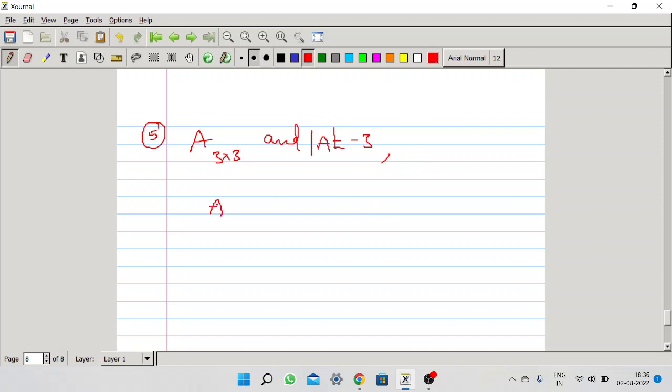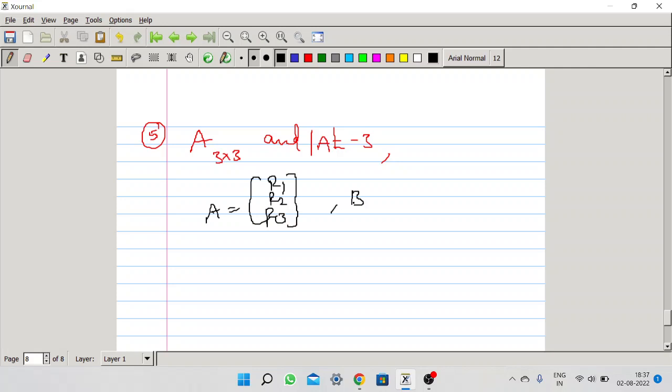Let me write A equal to R1, R2, R3, some rows.